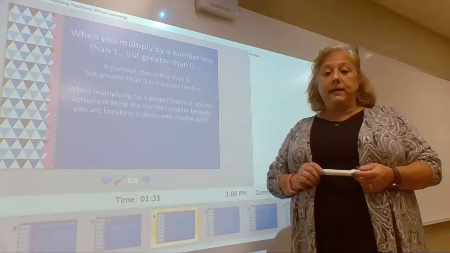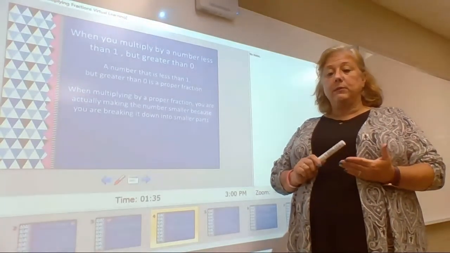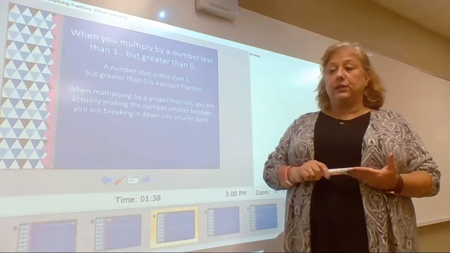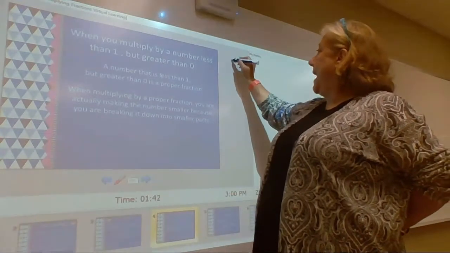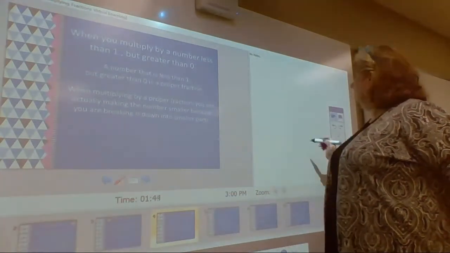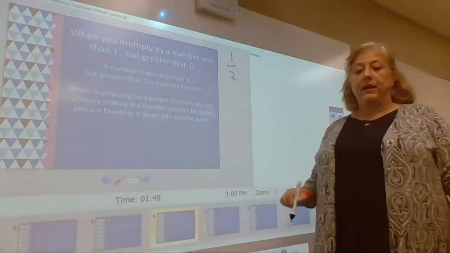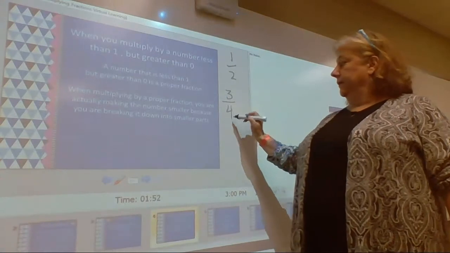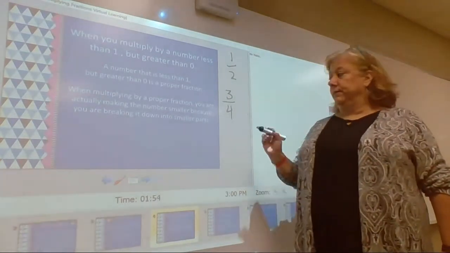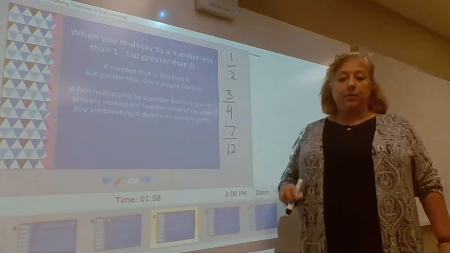When you multiply a number that is less than 1 and greater than 0, you are multiplying proper fractions. For example, 1/2 is a proper fraction. 3/4 is a proper fraction. 7/12 is a proper fraction.